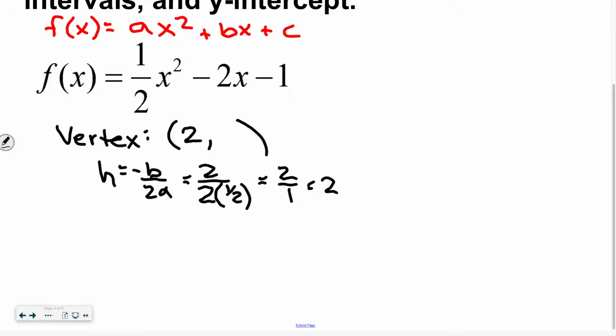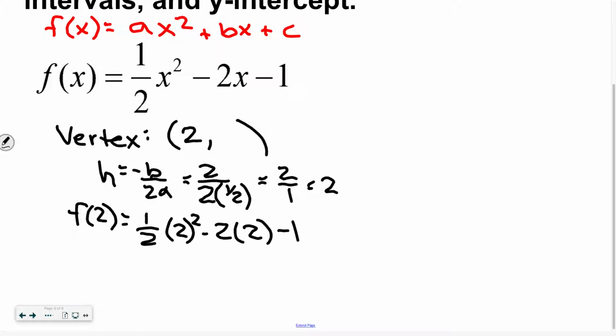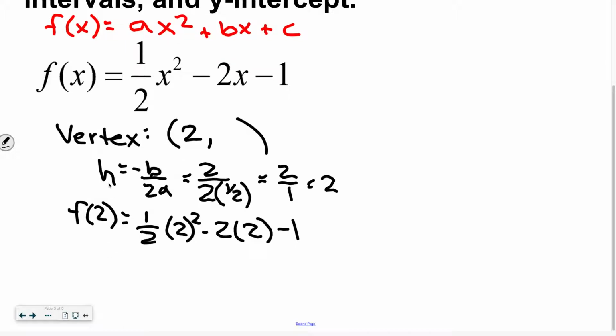Plug it back in. So I'm basically going to do f of 2 is equal to 1/2 times 2 squared minus 2 times 2 minus 1. Okay, so I'm just plugging it in for all the x's. Now, I would try doing as many of these as I can without a calculator and focus on your order of operations. If you do use a calculator, I would do it both ways and then verify that your hand math matches your calculator math so you know you're putting it into your calculator correctly.